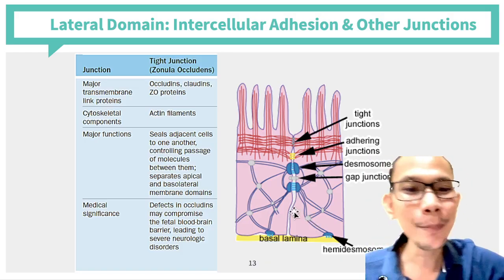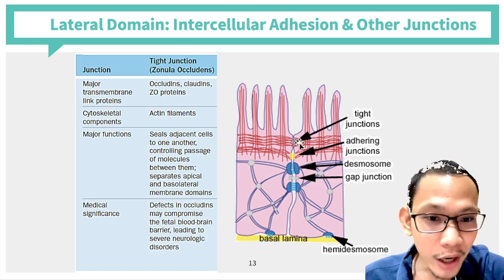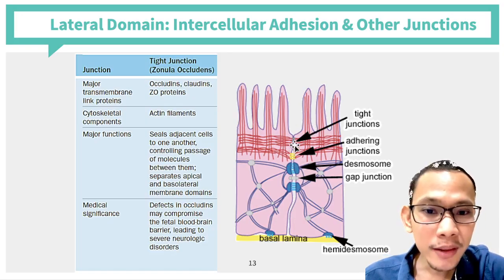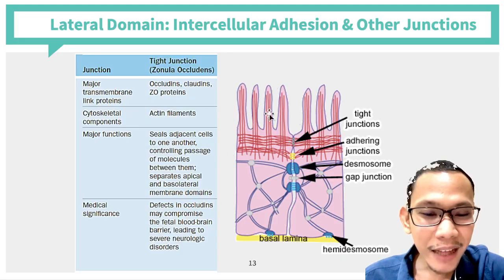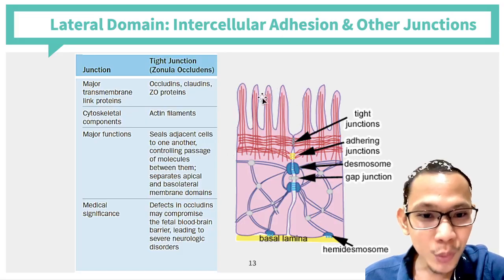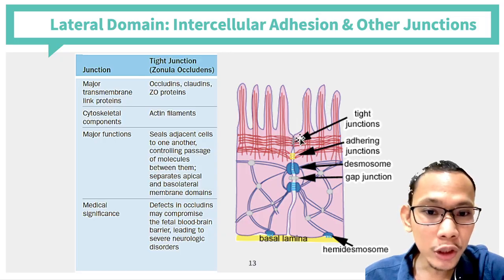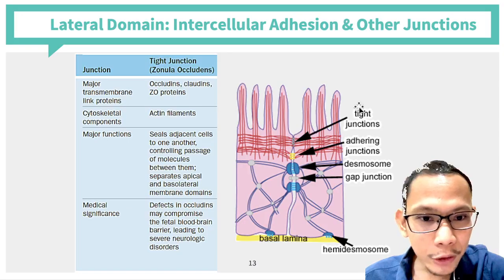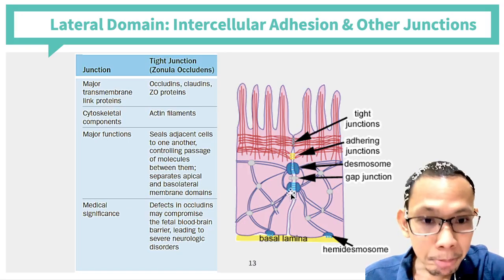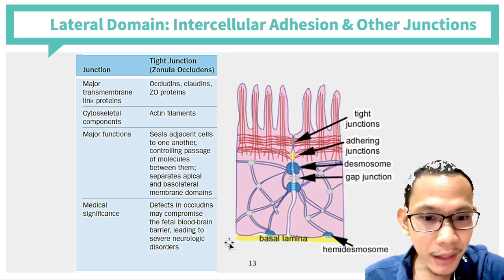Again, so we don't get confused, what's the function of this one? It will seal one adjacent cell to another. Again, this is one epithelial cell and this is another epithelial cell. Therefore, it will basically seal. And then, it will also separate, remember, this is the apical domain, this is the lateral domain, and the basal domain.